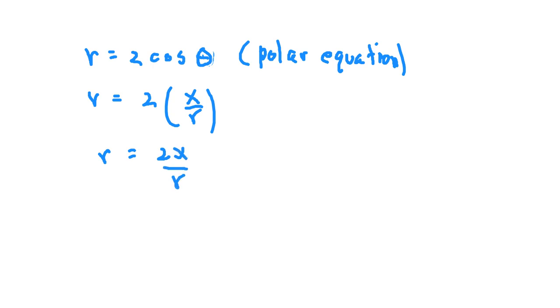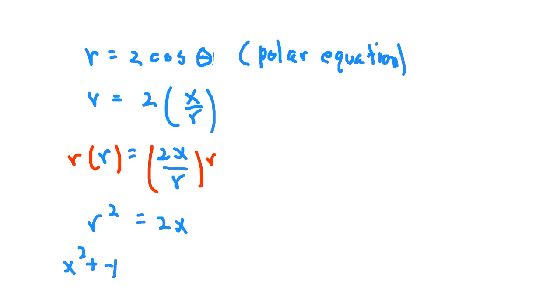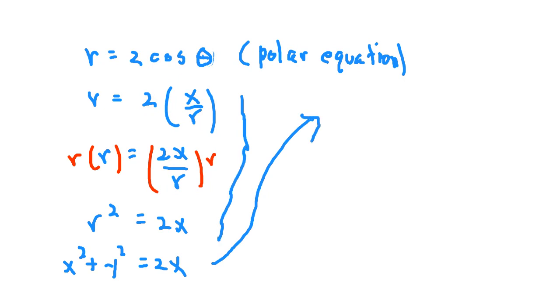I can multiply by r on both sides of the equation. And this is going to give me r squared equals 2x. But r squared, remember, is x squared plus y squared. So you have x squared plus y squared equals 2x. Let's try to separate it here.